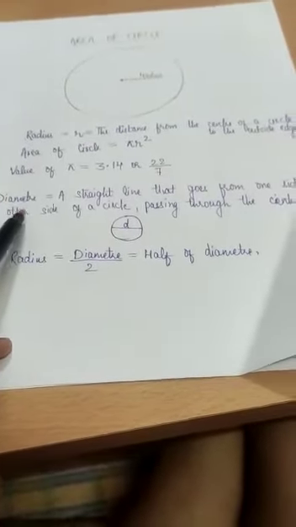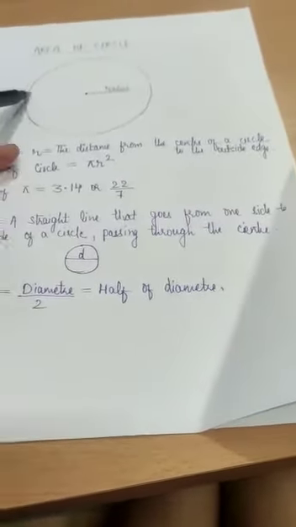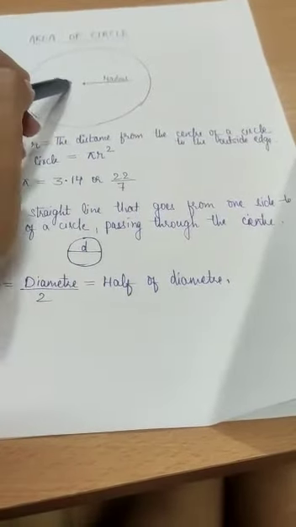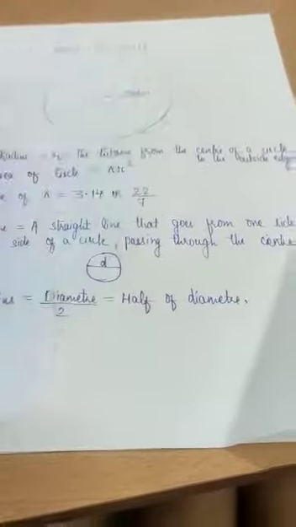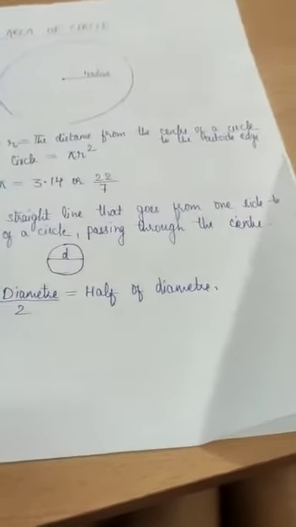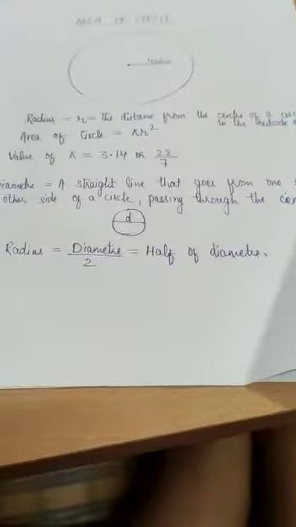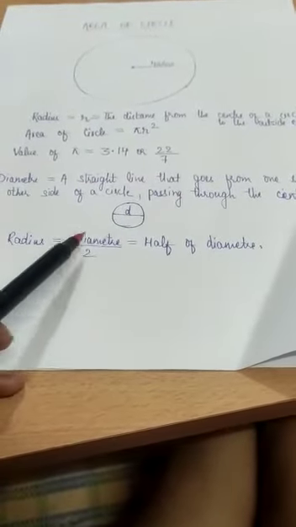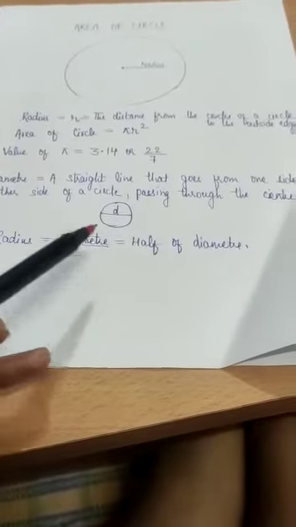And diameter. What is diameter? Diameter is a straight line that goes from one side to the other side of the circle, passing through the center. And remember, radius is always half of the diameter.